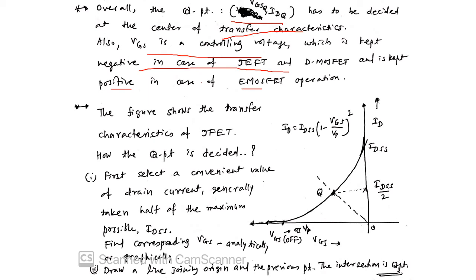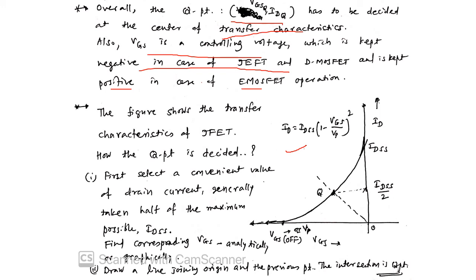So in the case of JFET as well as DMOSFET, VGS is negative, and this is the transfer characteristic of a junction FET, JFET.